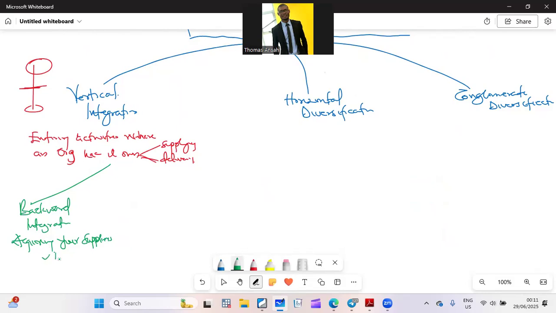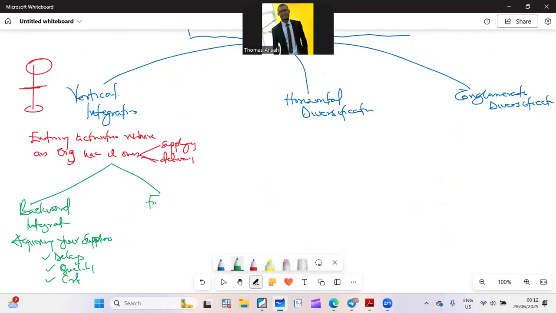So it's to avoid delays, have quality, and have economies of scope. So reduce your cost. All right. But in as much as you are reducing your cost through economies of scope, remember that there can be operational gearing. You have to spend capex, right? So that is the backward.